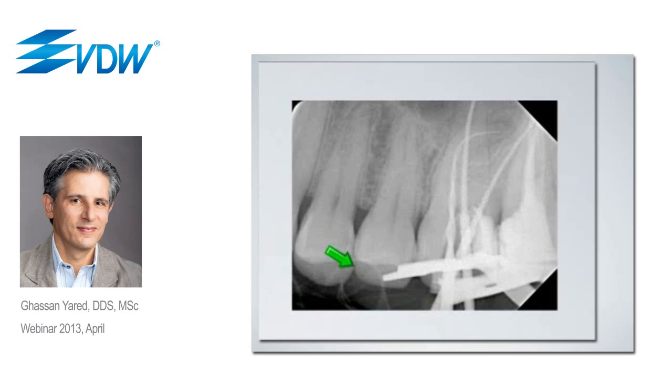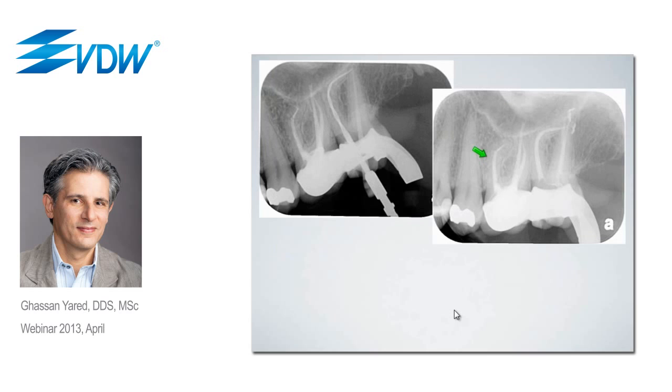So the question is, why do we have to use so many instruments when we can do a case that is probably even more difficult with only one instrument, without any hand files, without a glide path? Don't forget that this instrument is similar to an F2 Pro taper instrument. This instrument has a diameter of 25 at the tip and an 8% taper.